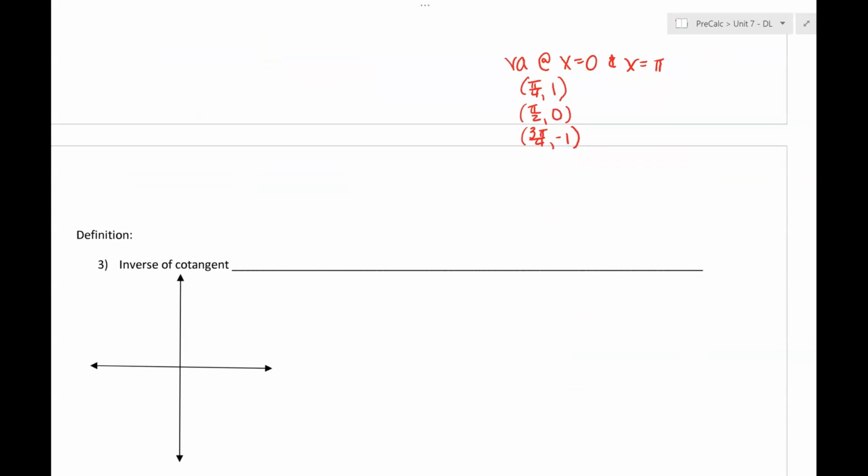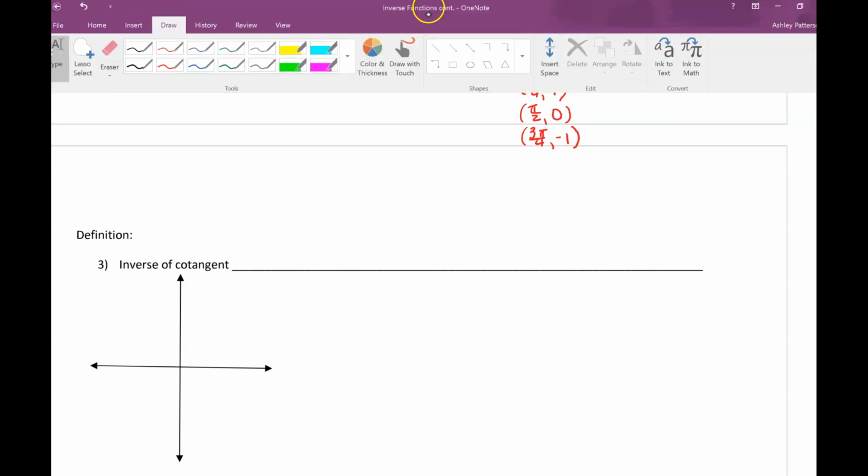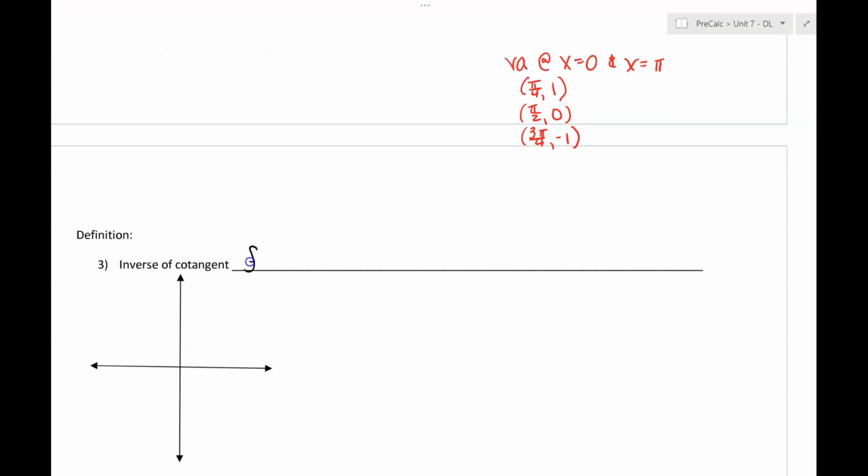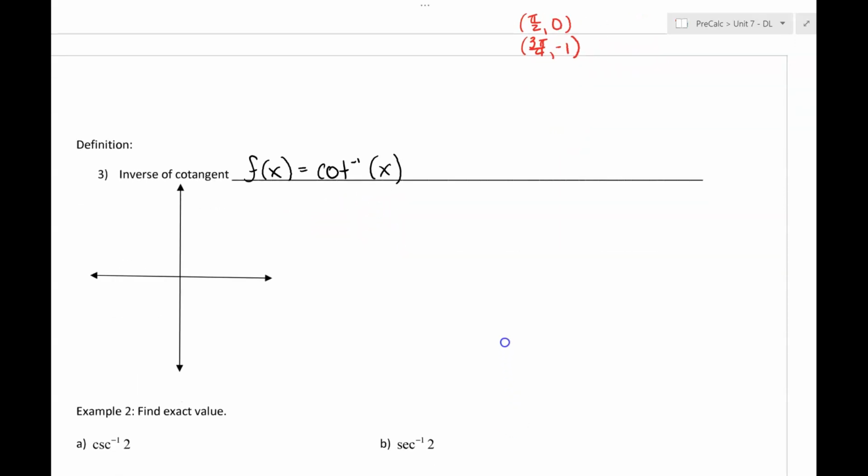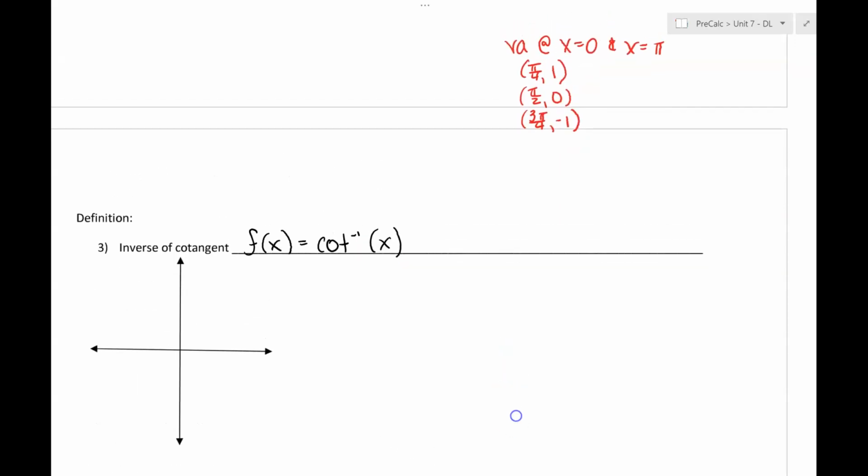All right, so the inverse, what does that look like? In function notation, I'm going to go ahead and switch my color. It's f of x is equal to cotangent inverse of x. Remember, -1, it's important. Okay, and our x values go from 0 to pi, which means that is where our y values are going to go.